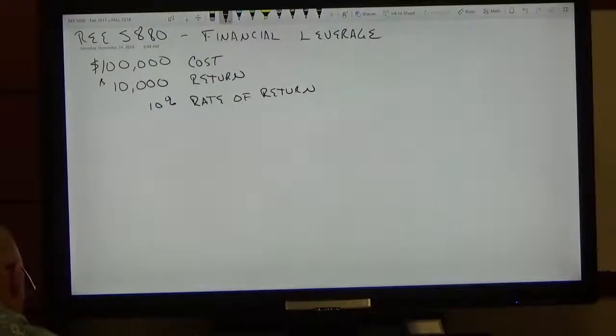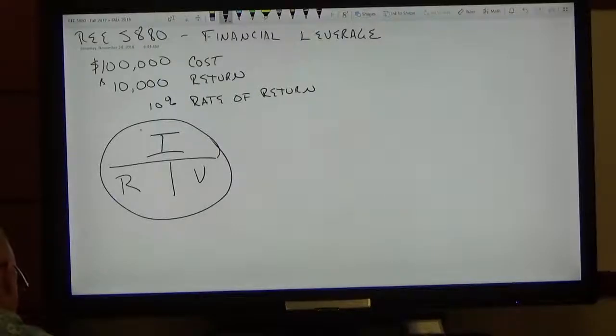Once again, just to keep things really basic and simple for the moment, we've got an income or return of $10,000 a year. We have a cap rate or rate of return of 10% per year, and that means our overall value, or in this case our cost, is $100,000.